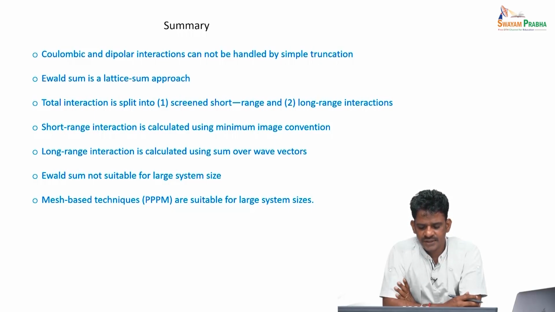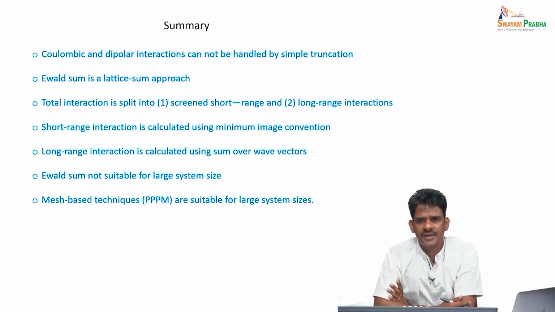One is the screened short range interaction, the other one is the long range interaction. The short range interaction is calculated using a minimum image convention because it is very fast converging and really short ranged, whereas the long range ones are handled with a Fourier space sum using k vectors. And the order of operation for Ewald summation is N squared or N^(3/2), which is basically limiting for large system size.